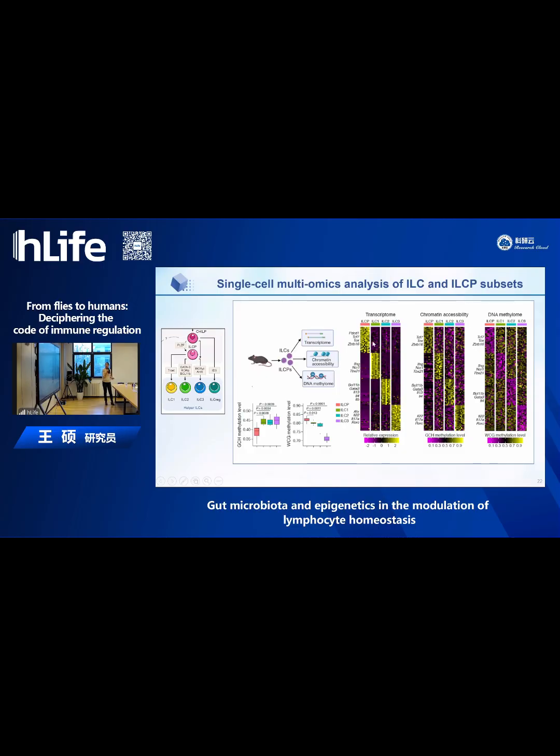We found that the ILC signature genes, such as interferon gamma, TBX21, GATA3 or RORA, are highly expressed by the different types of ILCs, and the chromatin is also open in the regions of these genes, and the DNA methylation is very low in these genes.